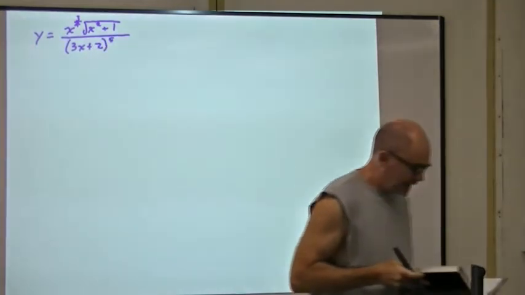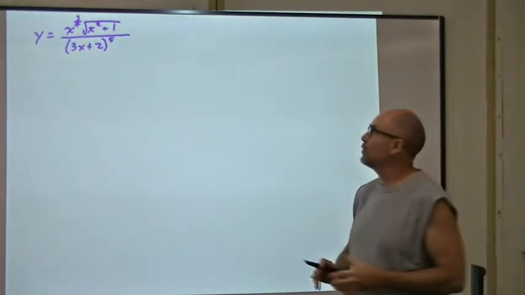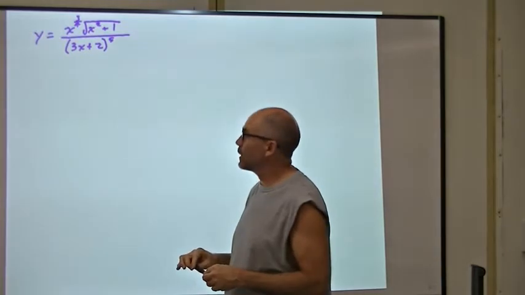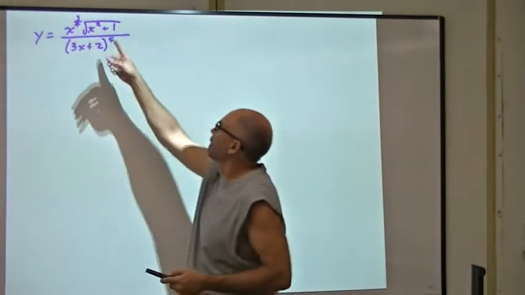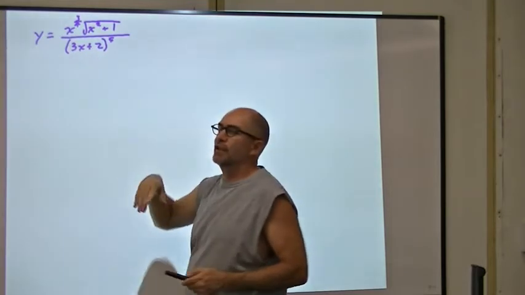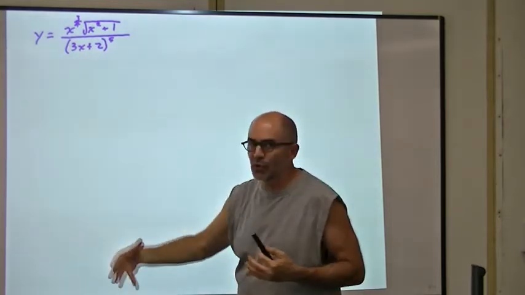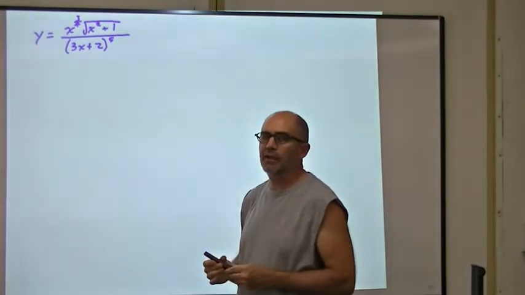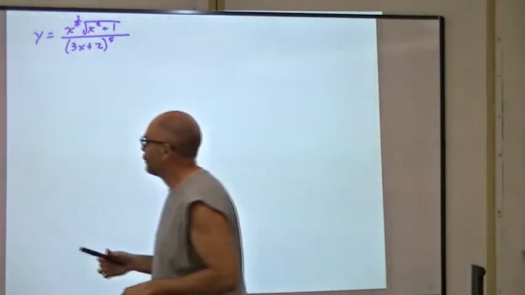All right, now, if I decide to do this by just muscling out the product rule and the chain rule, notice the top I have a product, the bottom I've got a quotient, and I've got the chain rule and the whole thing, and it would just be a giant mess. Watch how simple it is with the logarithmic differentiation.